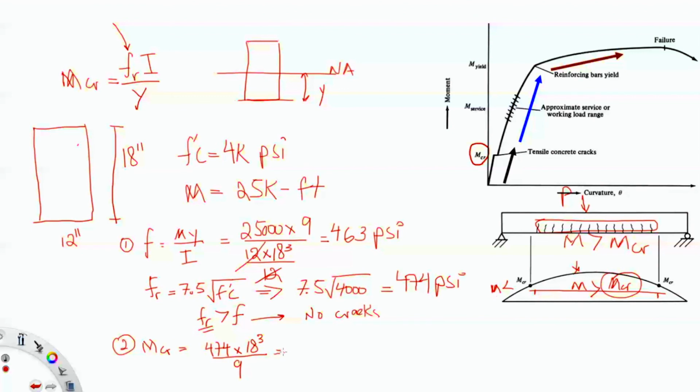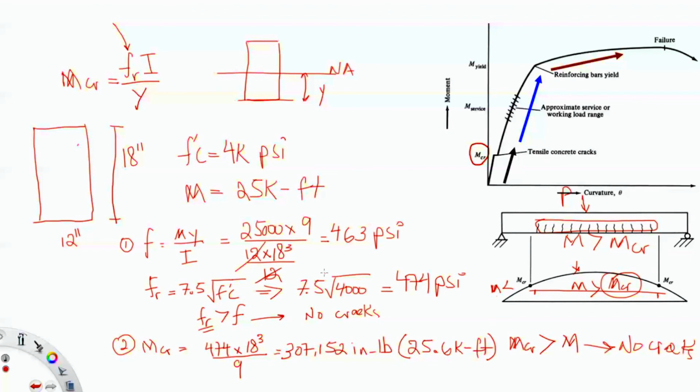If you do the math, it's 307,152 inch-pound, equivalent to 25.6 kip-foot. Since M crack is greater than M, that means no cracks.